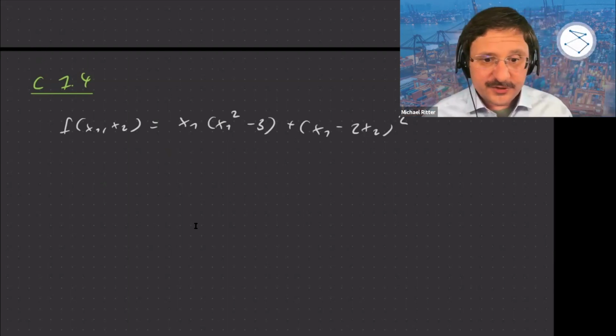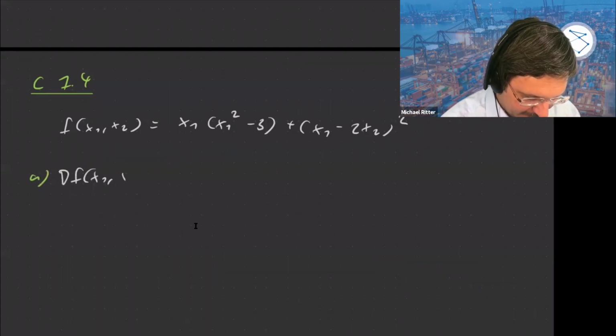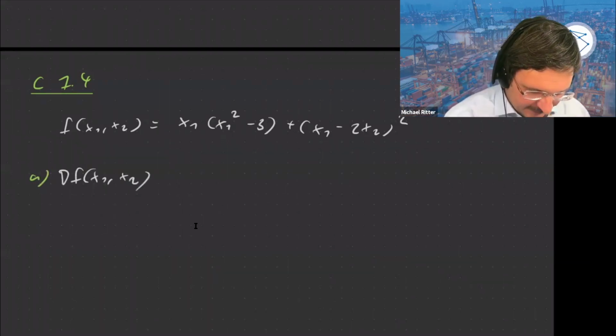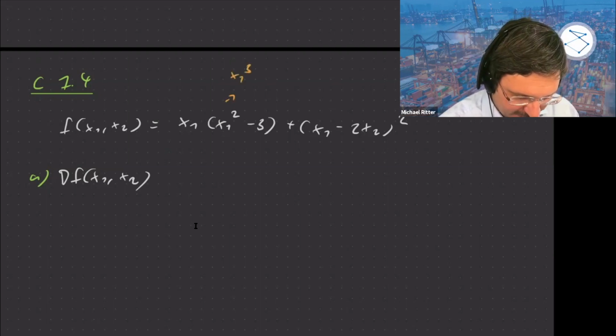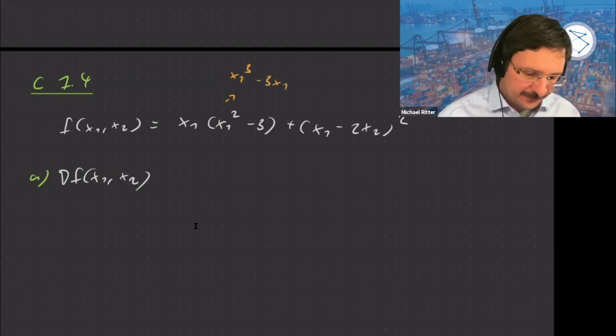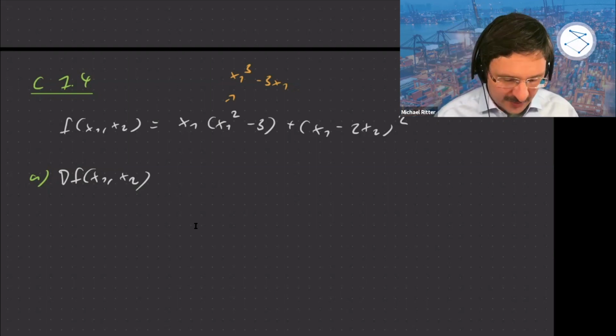And let's first determine the gradient to get the stationary points here. For the gradient, this first term could easily be rewritten as x1 to the third minus 3x1, right? So let's differentiate that with respect to x1.